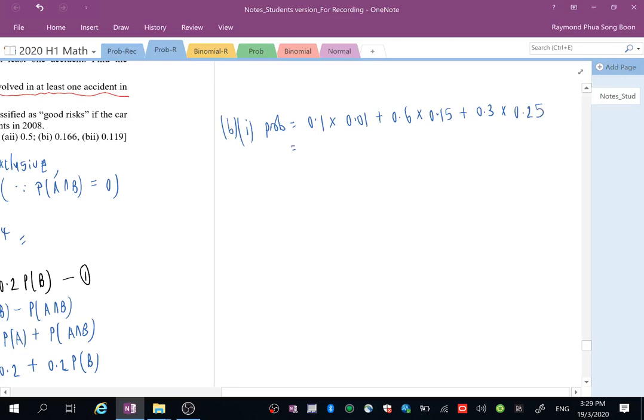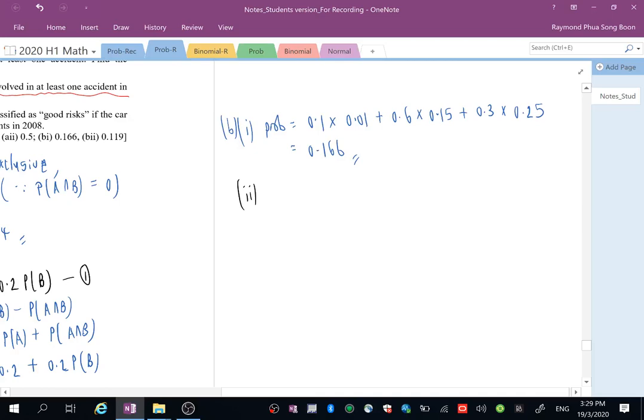All right, so you need to consider all three cases, whether classified as good risk, average risk, or bad risk, and their respective probability that a car owner will be involved in at least one car accident to work out the probability for part 1.